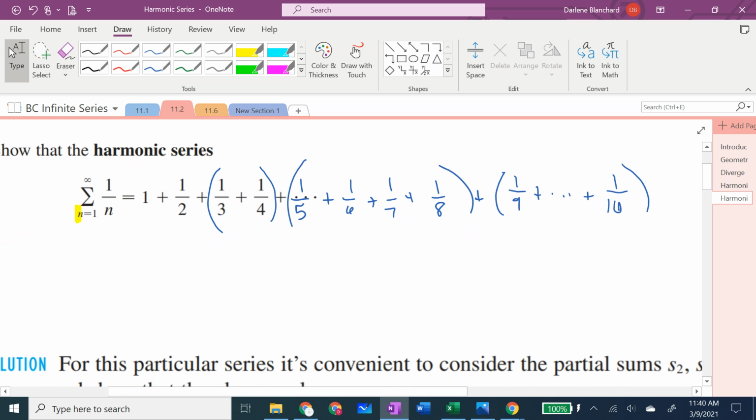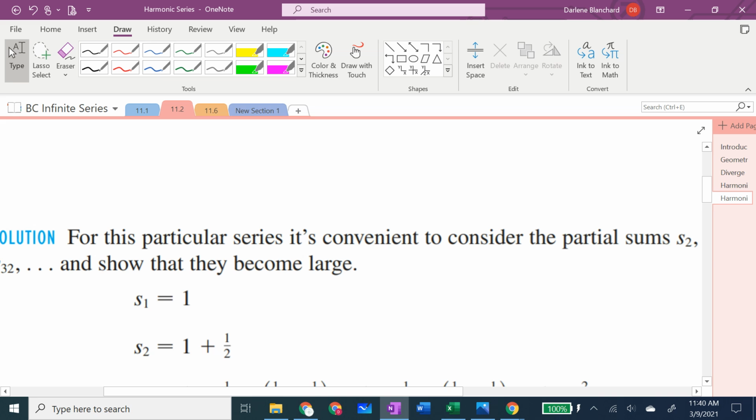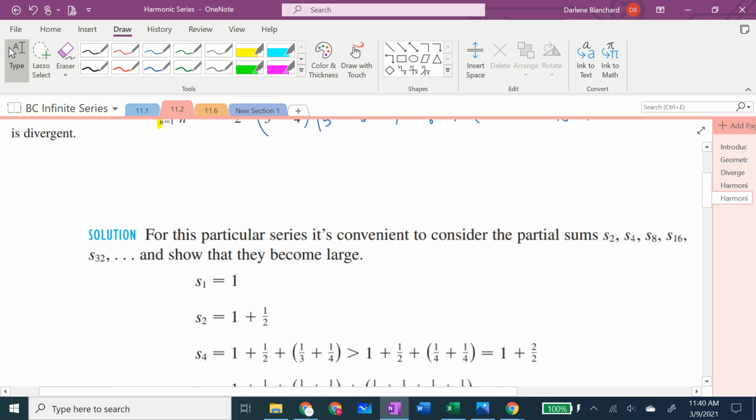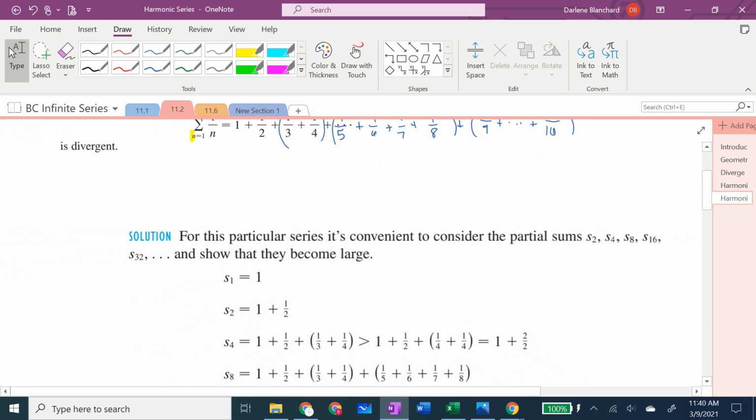So I went ahead and just prepped what they have in the book, and I can highlight and everything what they've got. So what they're doing is they're looking at nth partial sums. And that's what I was meaning by the grouping.